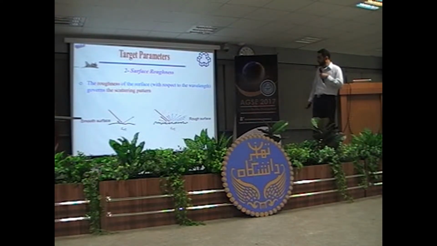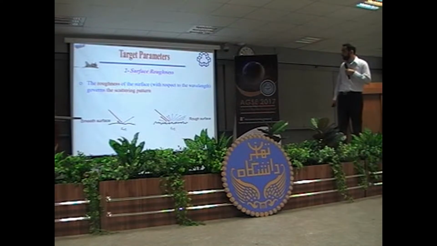The second parameter which has an impact on the amount of backscatter is surface roughness. The roughness of a surface is a very important parameter for the amount of backscatter that is coming to the antenna. In this case, we can have smooth surfaces or rough surfaces.